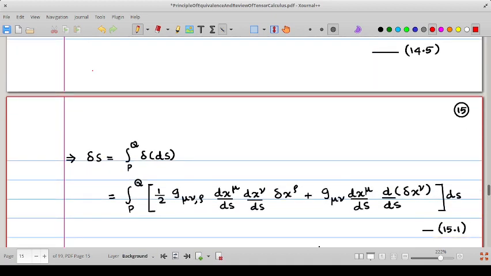So what is the change in the total interval between the points P and Q along this particular path, the reference path we have chosen, which is given by the integral of this variation in ds.